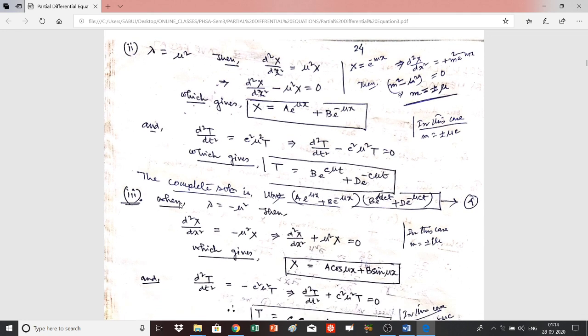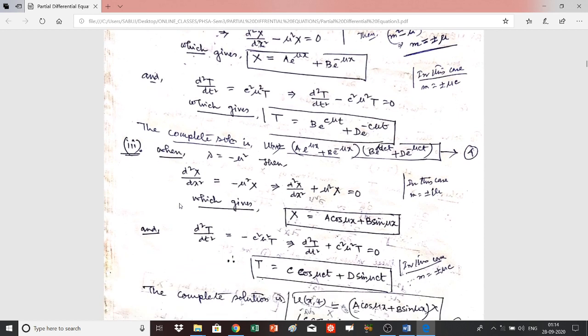Number three is when lambda is equal to minus mu square. Then what will happen? d²X/dx² = -mu² X, and in this case we will have two values, plus or minus i mu, and that will give you cos and sin terms. So X is obtained as a cos mu x + b sin mu x.